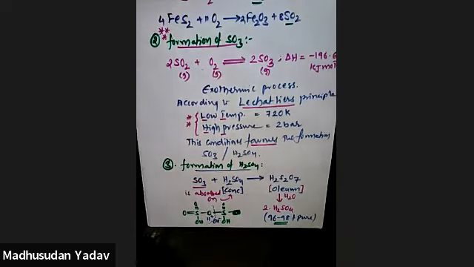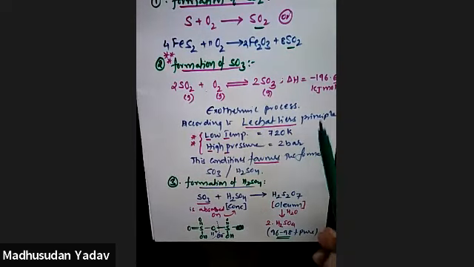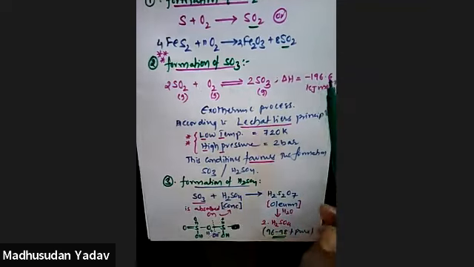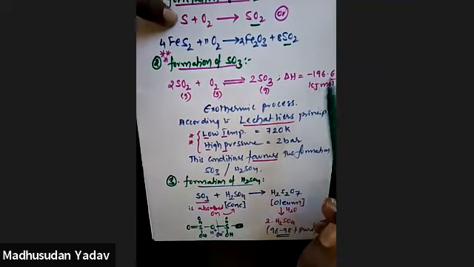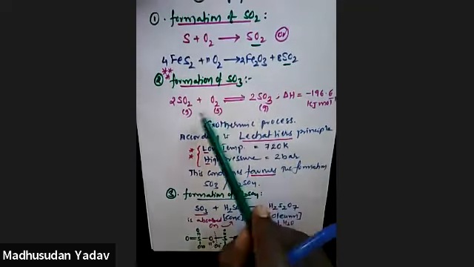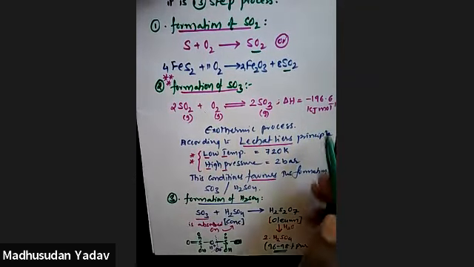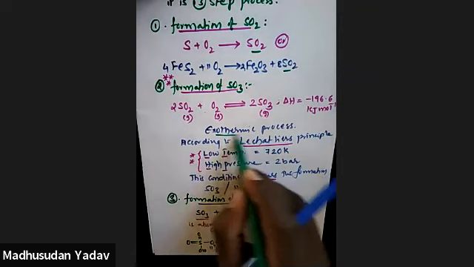If you observe these 3 steps, in no other reaction is energy released except in the second one. The first and third are simple hydrolysis and absorption. The second is a reaction with oxygen, with delta H of minus 196. This is an exothermic process.